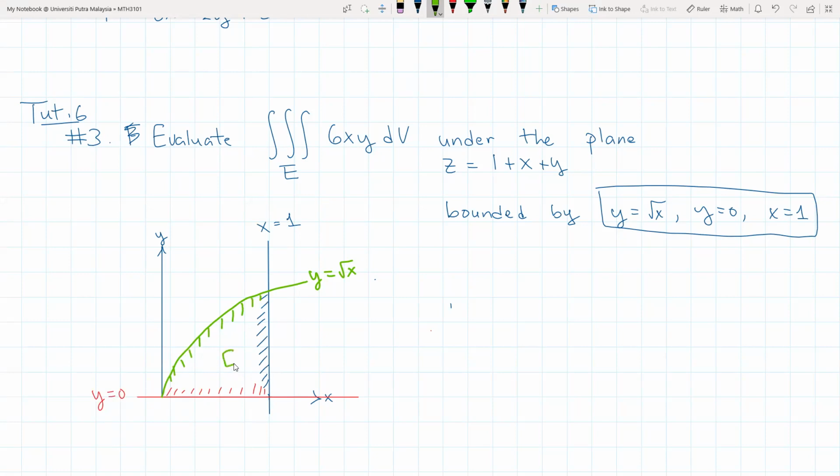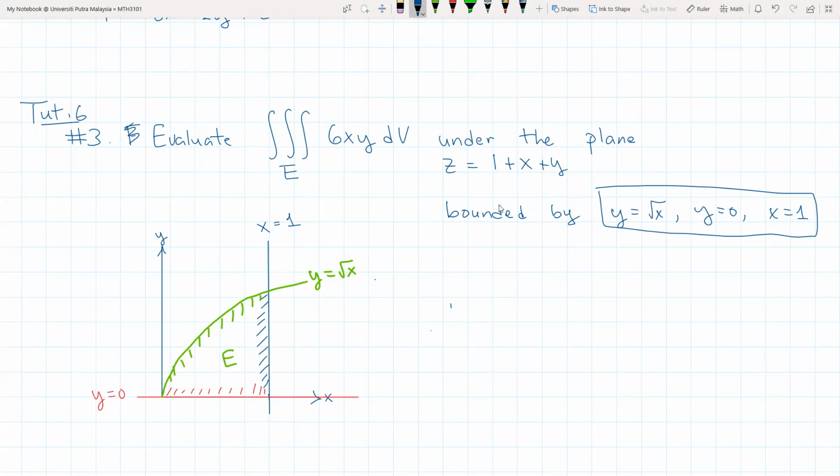So this is the region E. Okay, and then under the plane x plus y plus 1. I think it's hard to see in this. If you try to plot this in 3D, you can see that this is above the positive xy plane.